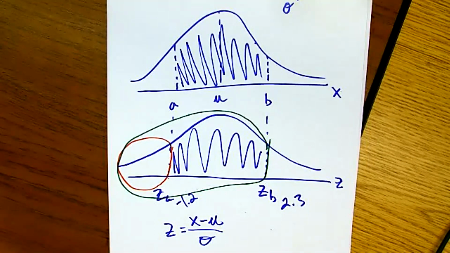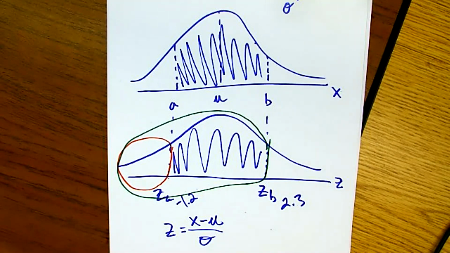Okay? So that's the general approach for all these problems that we're going to be working through. A and b were the values for x. How can we transform them into z-scores, look up those probabilities in the table, and then a little bit of math at the end? Just subtract the smaller area from the larger area.